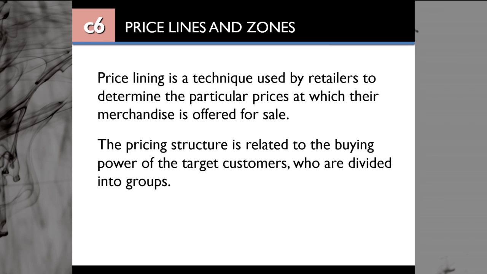So some kind of predetermined lines of price is price lining. And the pricing structure is related to the buying power of the target customers, who are divided into groups. So price lines and zones are really important concepts, and it's important for the retailer to set up prices around this price lining.